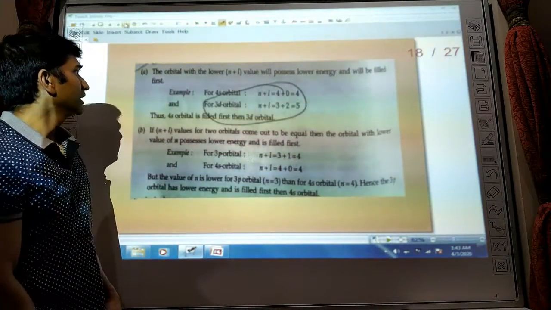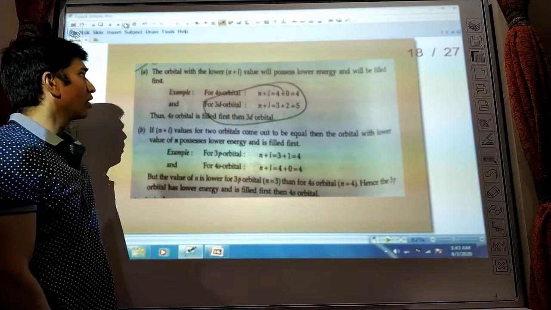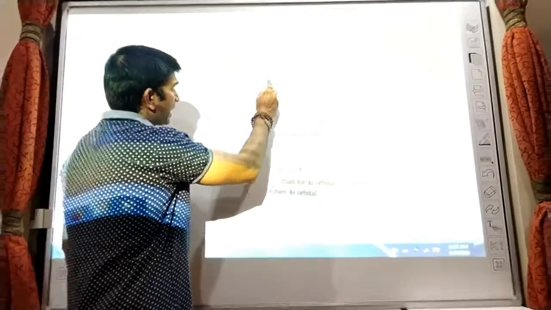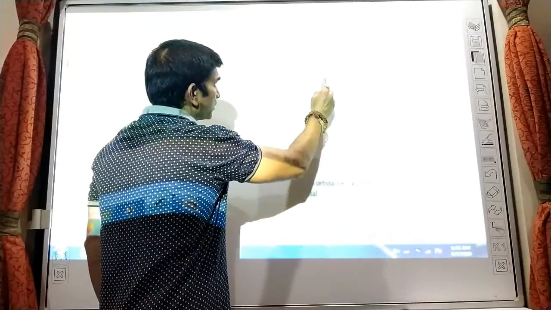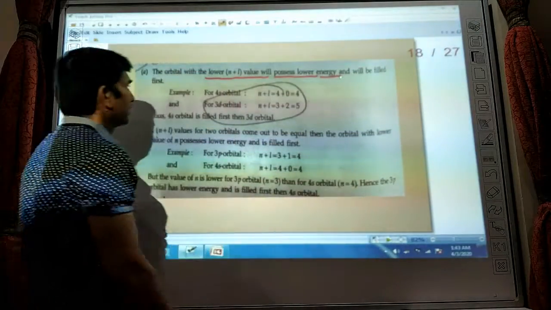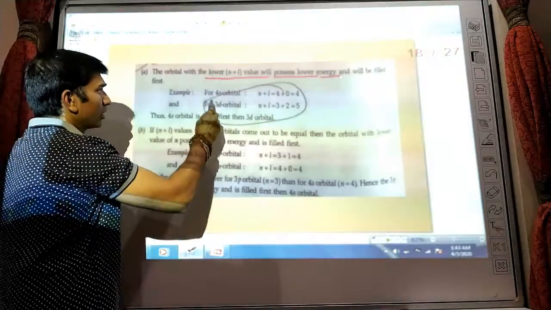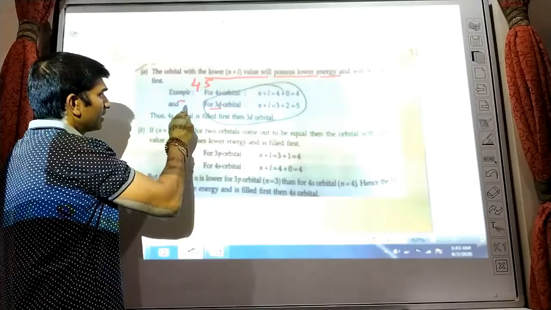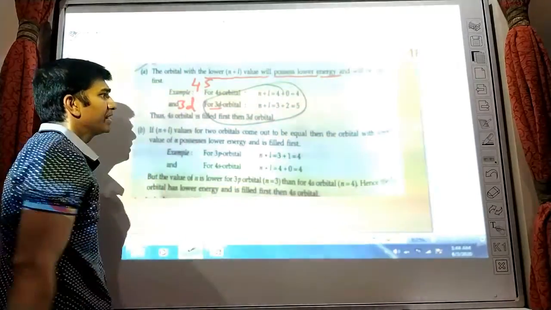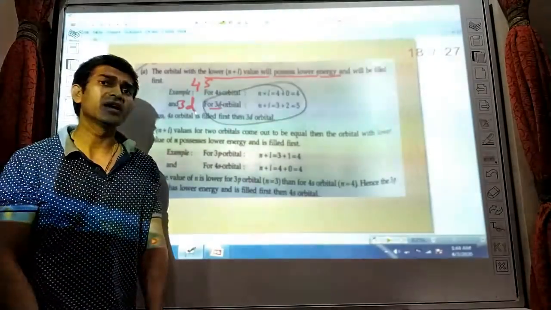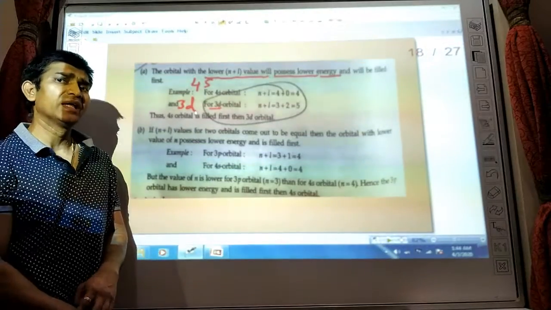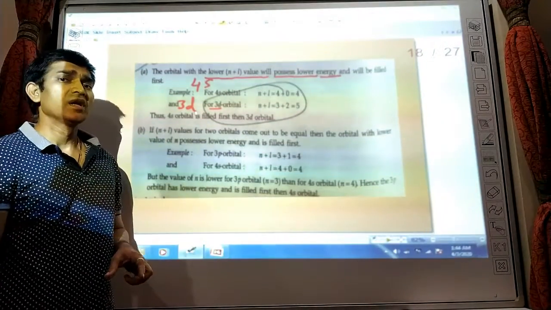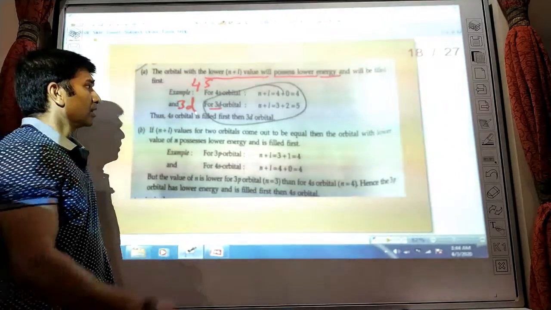In this example, the orbital with lower n plus l value will possess lower energy. For example, if we are talking about the 4s and 3d orbitals, and you want to fill the electron, then in which of these two orbitals will the electron enter?